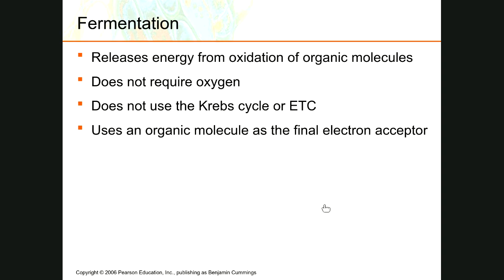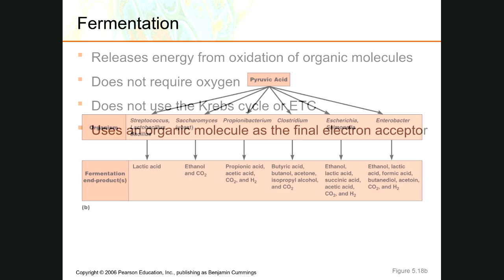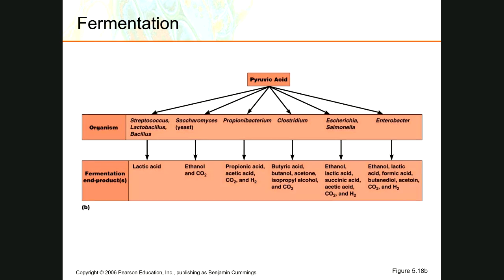And there will be some organic compound that acts as the final electron acceptor. Usually that organic compound will accept those electrons and become reduced to produce the end product of fermentation. There are many possible types of end products. It depends on the organism and the environmental conditions.